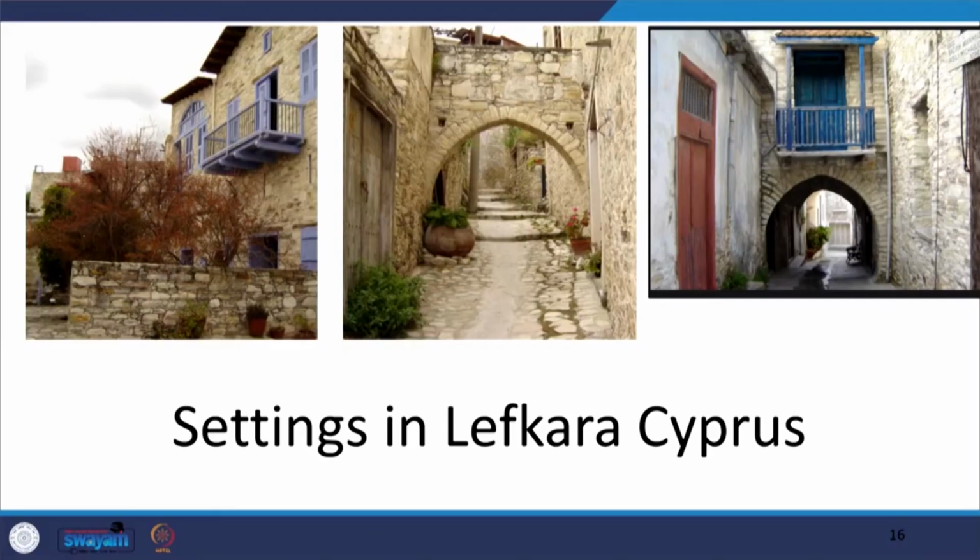So the newer generation are facing certain difficulties in maintaining this, and they are not finding themselves comfortable with these stones. So that is where there are serious issues with the generational understanding of stone as a vernacular material. This is what we see even today in Lefkara, that all these streets are completely built with stone.